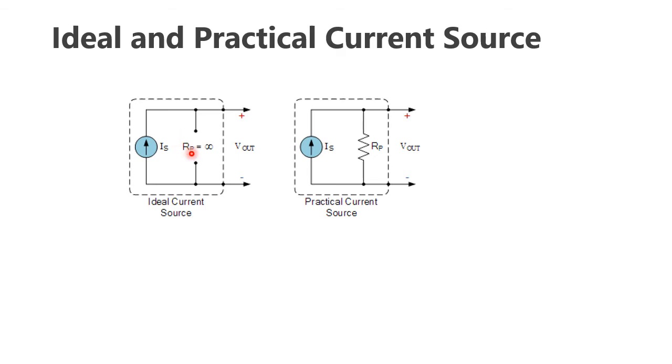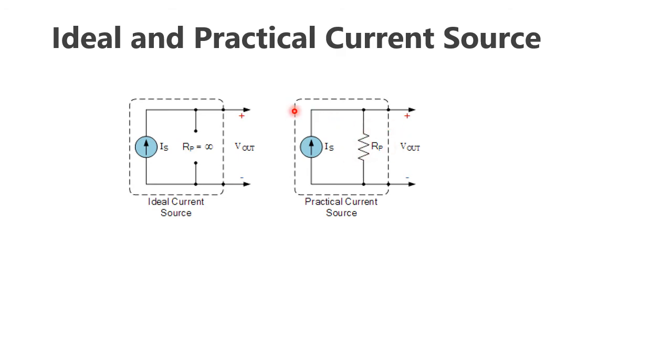That internal resistance should be infinity, or as high a value as possible. But in practical life we cannot make it infinity. So there will be some value, much higher as possible, but a considerable value there for the RP.